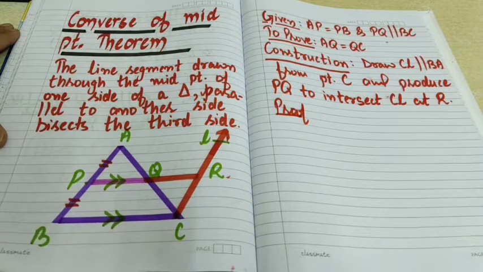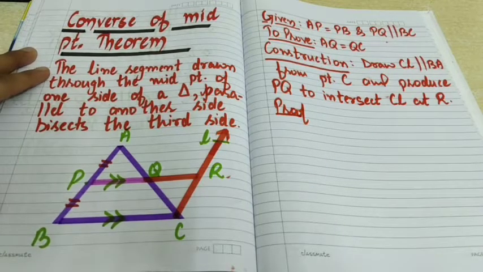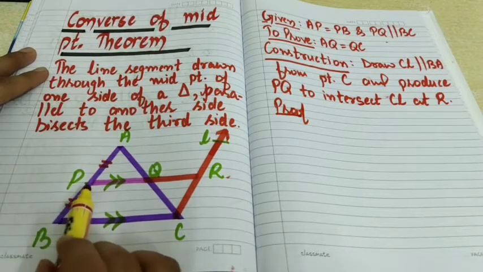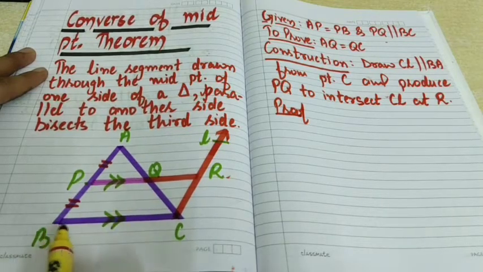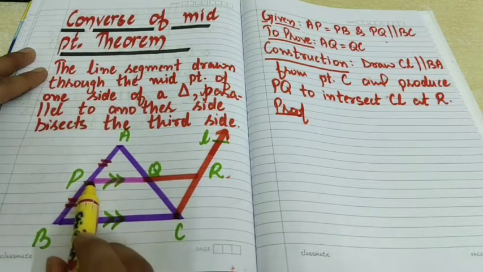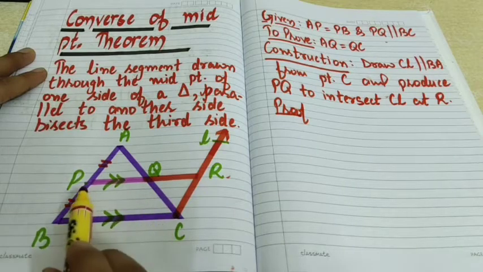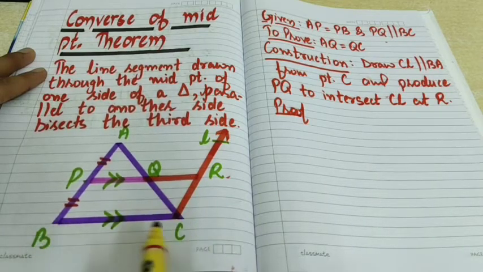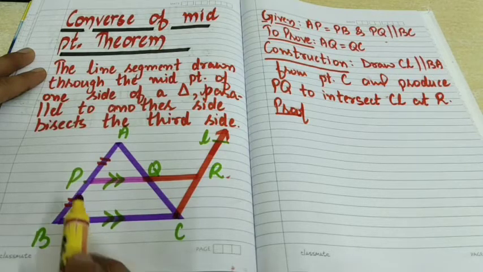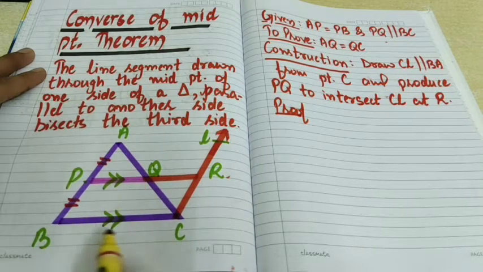Now students, under proof, first of all it is given that PQ is parallel to BC. Since PQ is parallel to BC, PR is also parallel to BC, because we know that if we extend two parallel lines indefinitely in any direction, they will never intersect and still they will remain parallel.